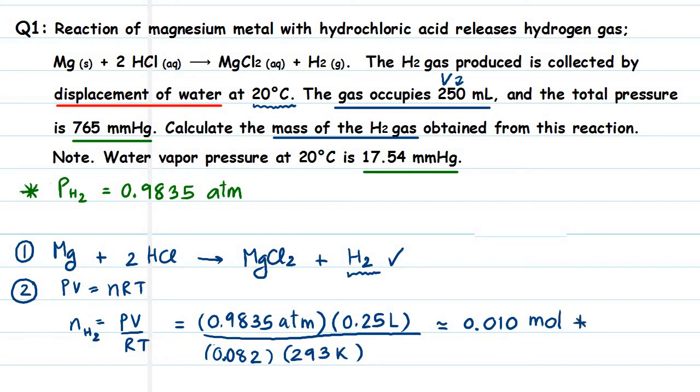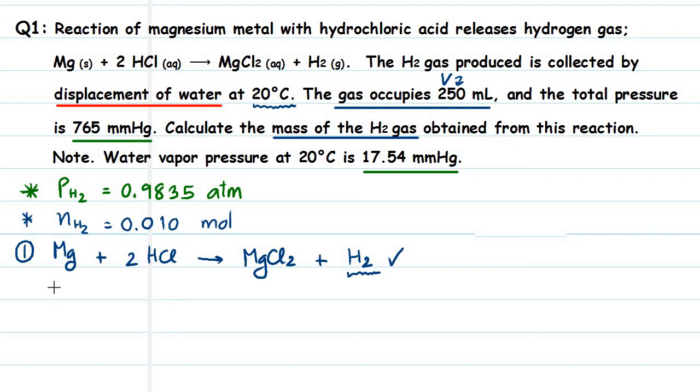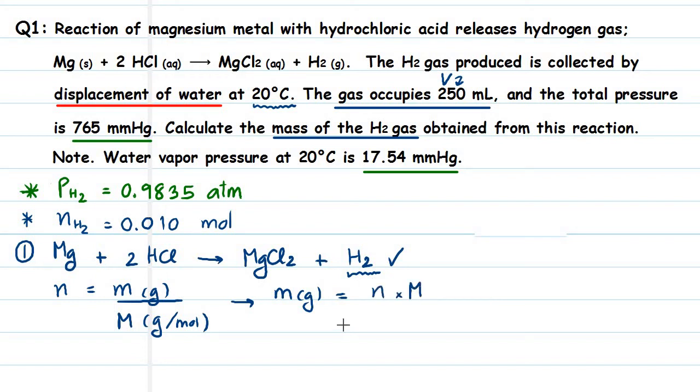Alright. But they asked for the mass of the hydrogen gas, so we have one more step to do. To relate the mole to mass, we can use mole equal to mass in gram over molecular weight or molar mass in gram per mole. And that means mass in grams is going to be equal to mole times molecular weight.